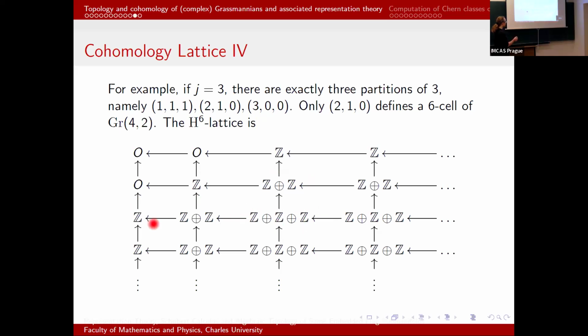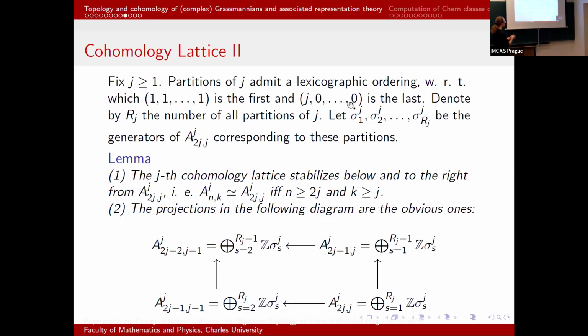And horizontally, if we go from GR63 to CP3, then in cohomology we have the projection from here onto the first factor, which is this Z. And this square is just the square from the second point of the lemma.